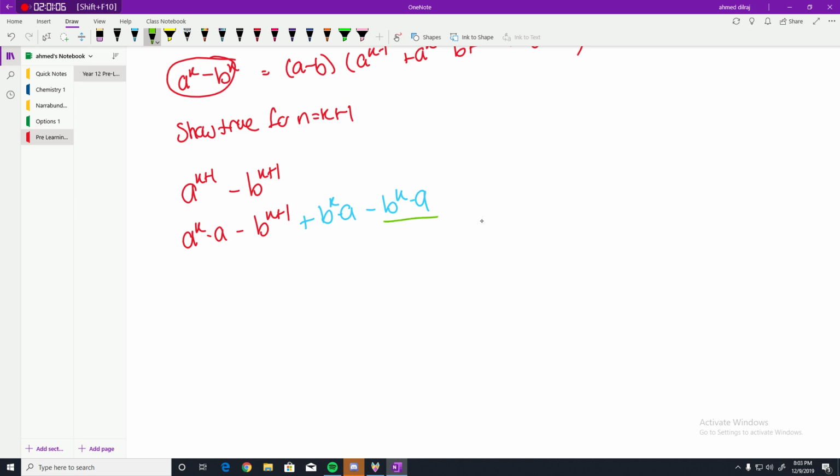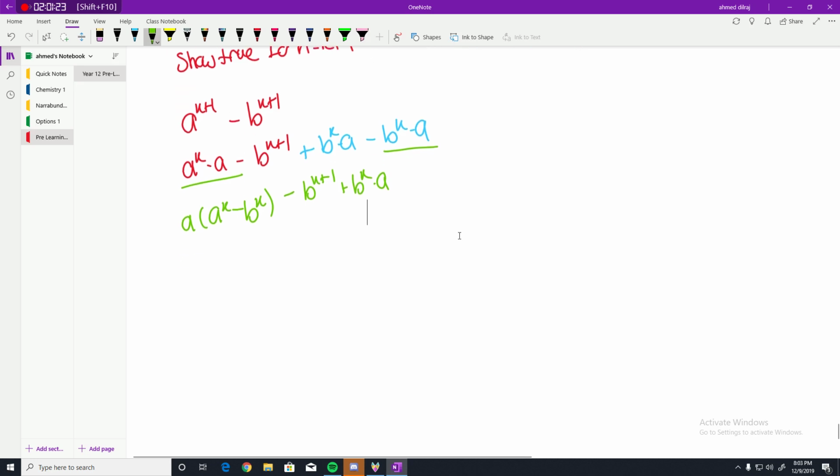I'm going to take this, and I'm going to factor out an a. I get a times a to the k minus b to the k, minus b to the k plus 1 plus b to the k times a, right? And over here, I can just substitute my assumption, right?